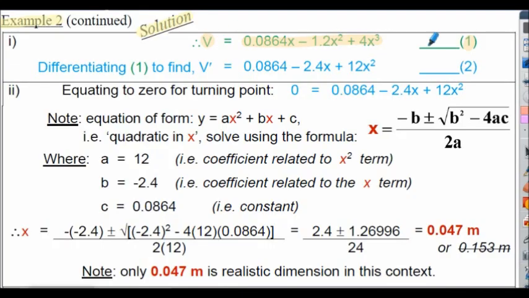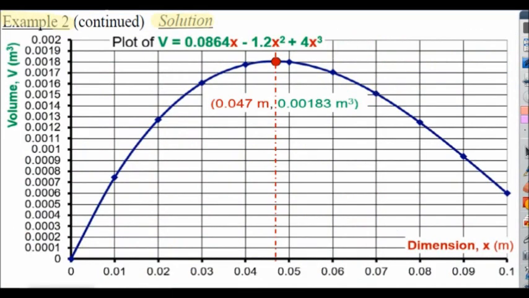Now we could actually solve this graphically from equation 1 by literally plotting a graph. So here's a plot of the volume V, meters cubed, against dimension x, showing the meters. This is the equation, volume that's been plotted. And we need to determine the value of x here on the horizontal axis, where the maximum volume occurs, shown around here on the vertical axis.